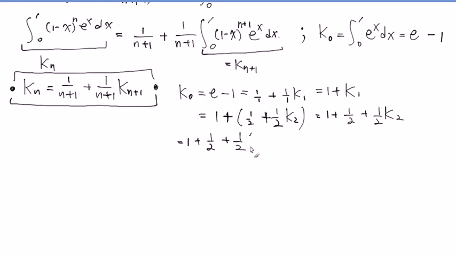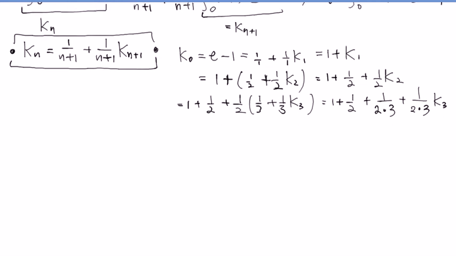1 half is there. Let's replace this K2. How do we replace the K2? With the 3, 3, 3 in there, so it's 1/3 K3. So that's going to be 1 plus 1 half plus 1 over 2 times 3 plus 1 over 2 times 3 K3.